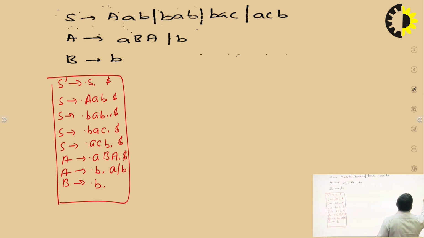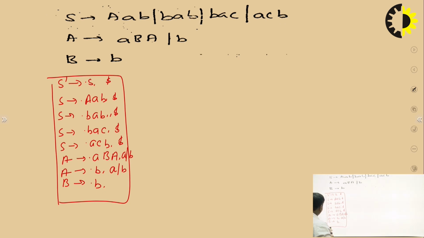Just hold on. Here is also the look-ahead symbol for A, that is A and B. And what is B? B is generated from which production?